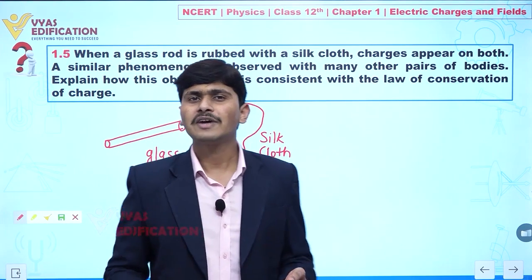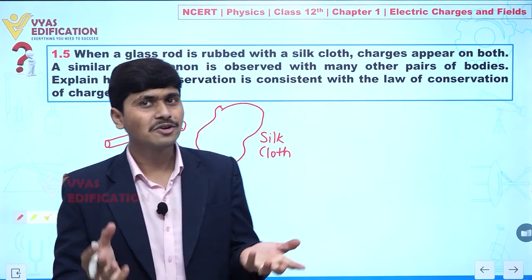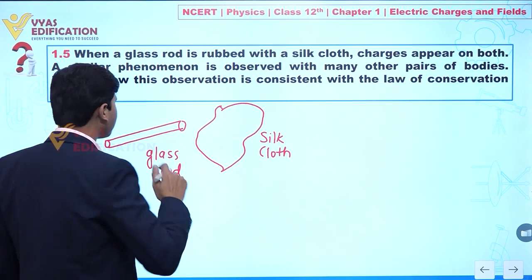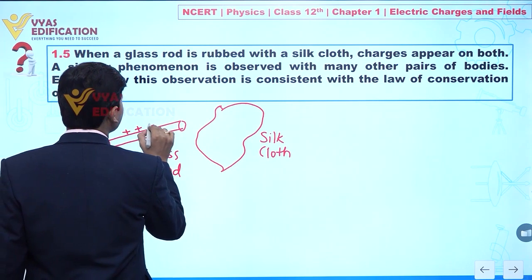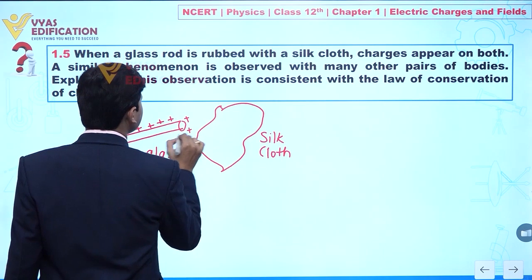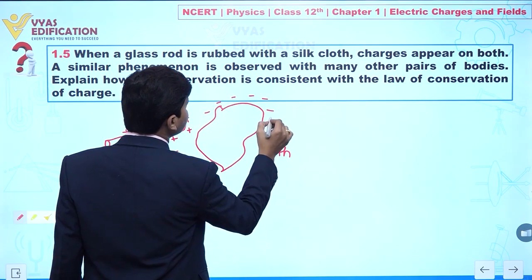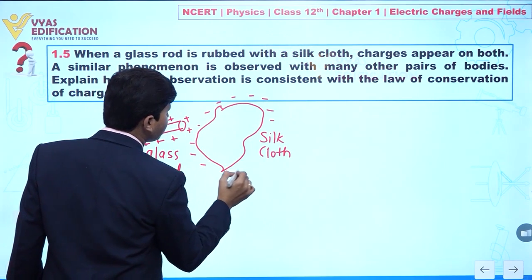But what will happen when we rub the glass rod with the silk cloth? After rubbing, the glass rod acquires some positive charge, clear, and at that time this silk cloth will gain some negative charge, clear.